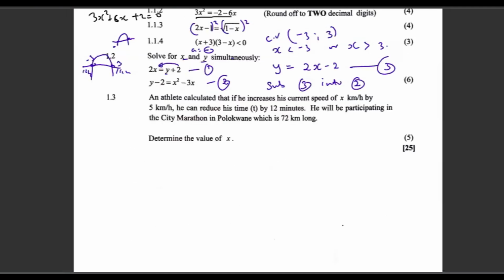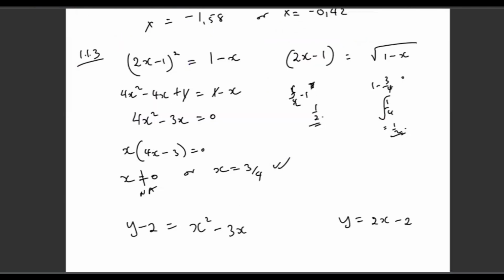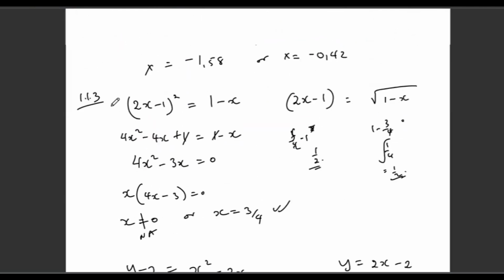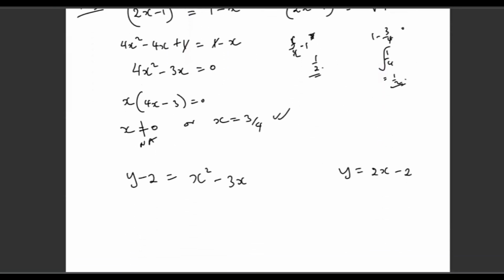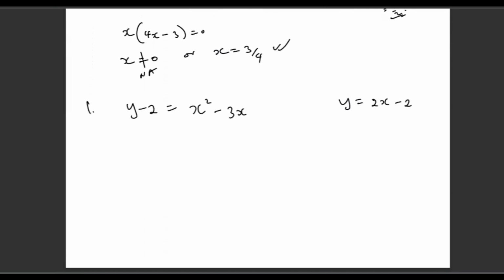All right, so that is 1.2. Let's do the substitution. Okay, so where there is y, we're going to replace that. So it's going to be 2x minus 2, we're subtracting a 2, is equal to x squared minus 3x.